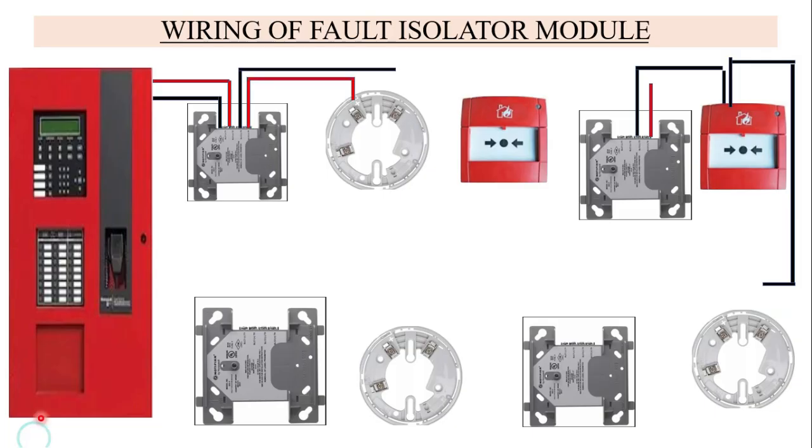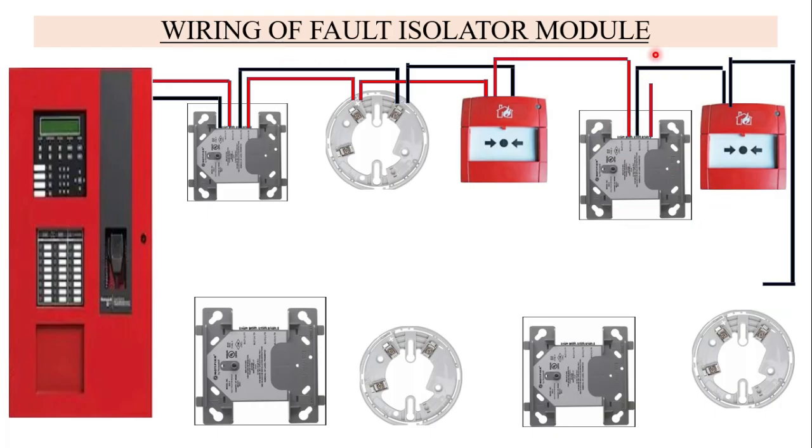Then to the detector, this is plus, this is minus, again loop to the MCP, plus minus, again loop to the isolator module. Generally I have not incorporated other devices over here; they could be between this module and this module. In general, every 20 or 25 detectors we have to install the fault isolator module.